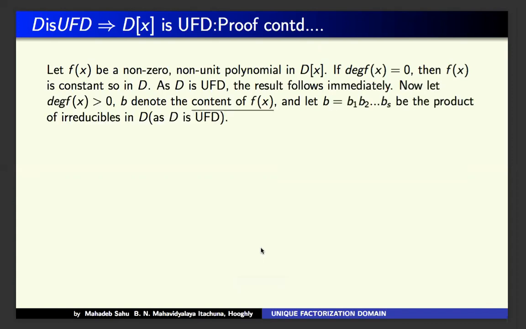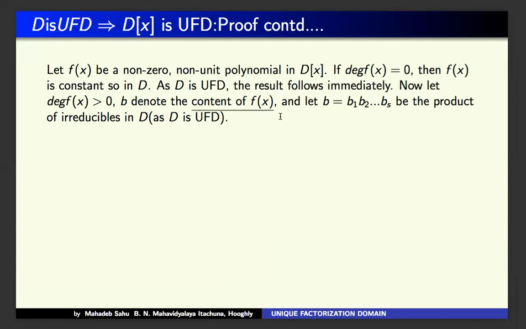Also, note that every f(x) is either an element of D or an element of D[x]. Now let the degree of f(x) be greater than 0, and let b denote the content of f(x), that means the GCD of the coefficients.